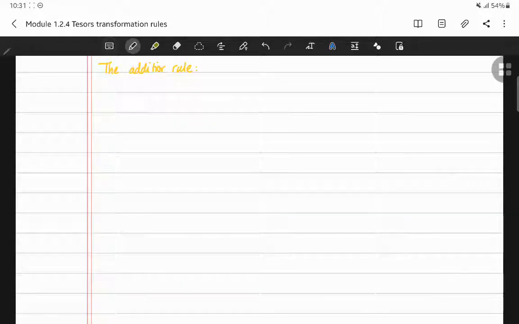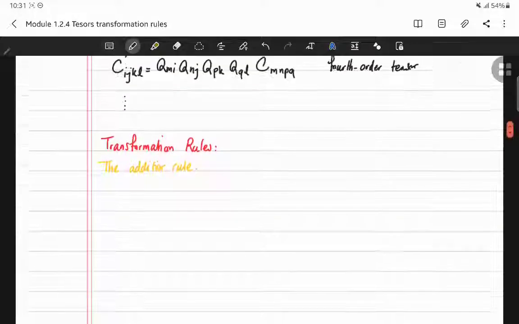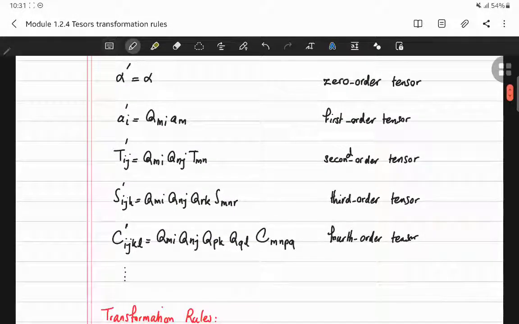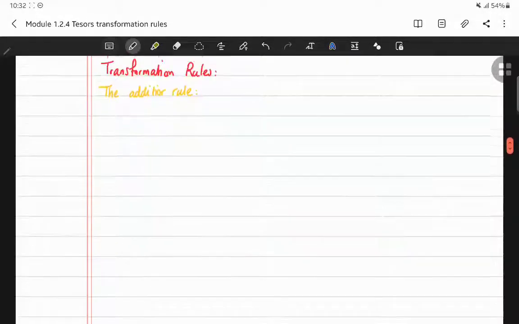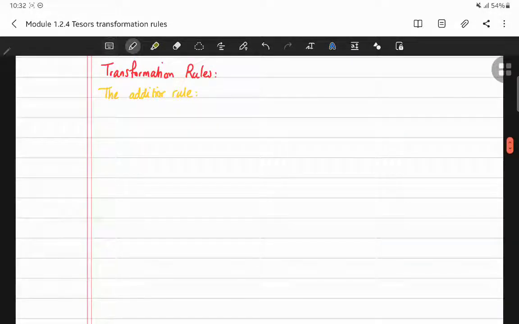So you cannot add a vector with a second order tensor. And I just wanted to say that from now on, we may call this a vector, and I call this a tensor. So whenever I say a tensor, I mean a second order tensor. Otherwise, I will explicitly state it. So if you have a vector, you cannot sum it with a second order tensor, or if you have a second order tensor, you cannot sum it with a fourth order tensor. They have to have the same order to be summed.